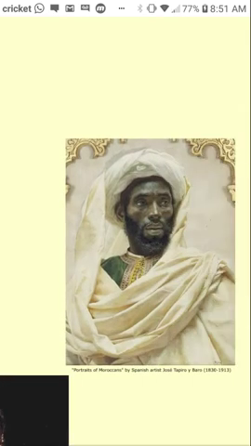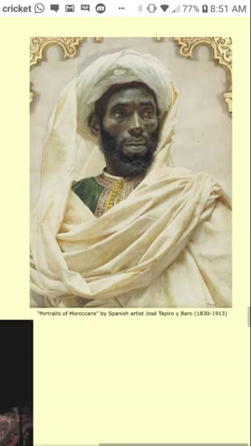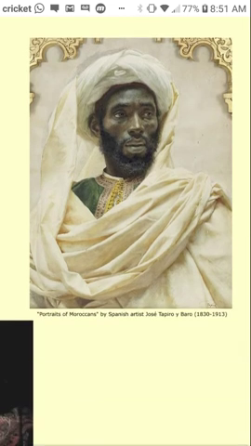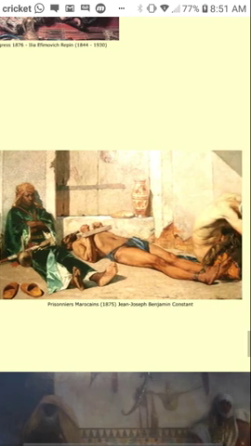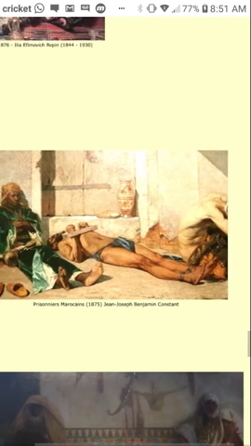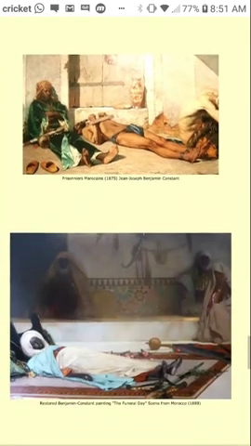This is a wonderful website. Portrait of Moroccans. Notice Morocco. By Spanish artist Jose Tapiro Ibarro, 1830 to 1930. So Morocco is still black up to this point, guys. And the Negress. Prisoners, Moroccans. So now they're becoming super mixed now. All these people are coming in.